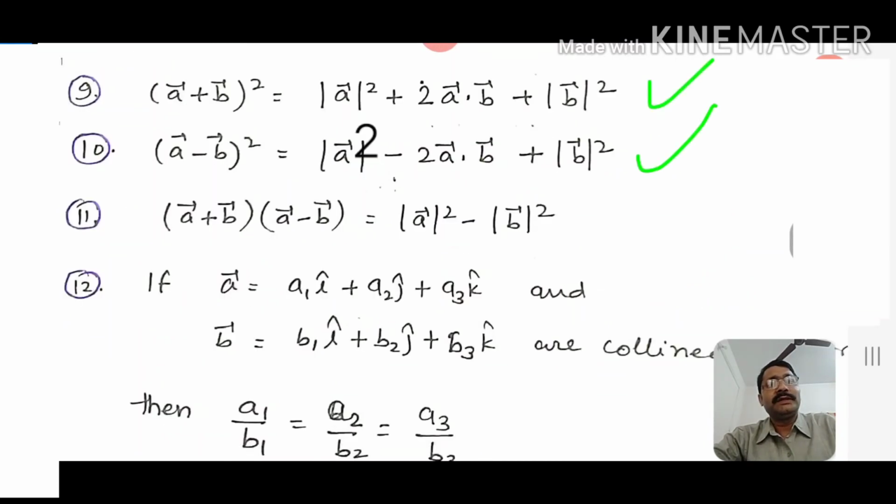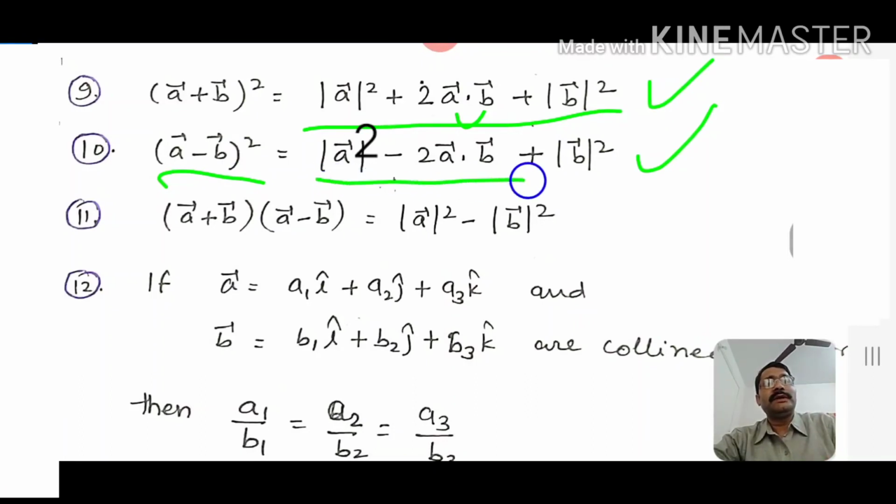A vector plus B vector whole square will be equal to modulus A vector square plus 2 A vector dot B vector plus modulus B vector square. So this type you have to understand. A vector minus B vector whole square will be modulus A vector square minus 2 A vector dot B vector plus modulus B vector square.